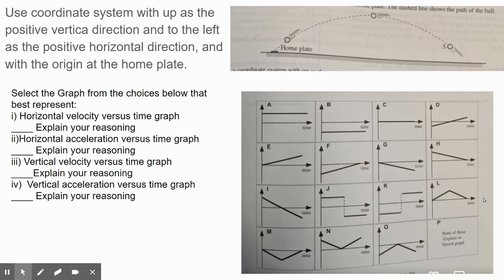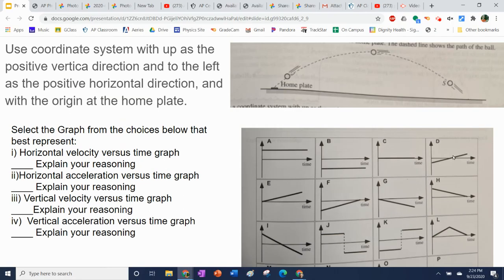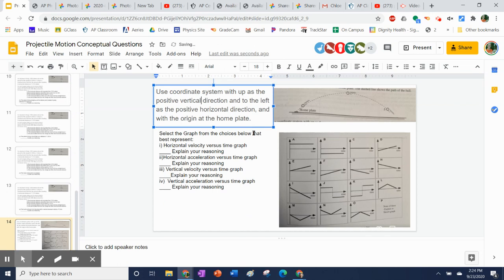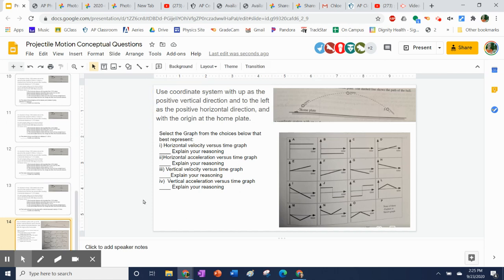And I want to look at each one separately. So you're using the coordinate system with up as the positive vertical direction, and to the left as the positive horizontal direction, and with the origin at home plate. Select the graph from the choices below that represent those things.